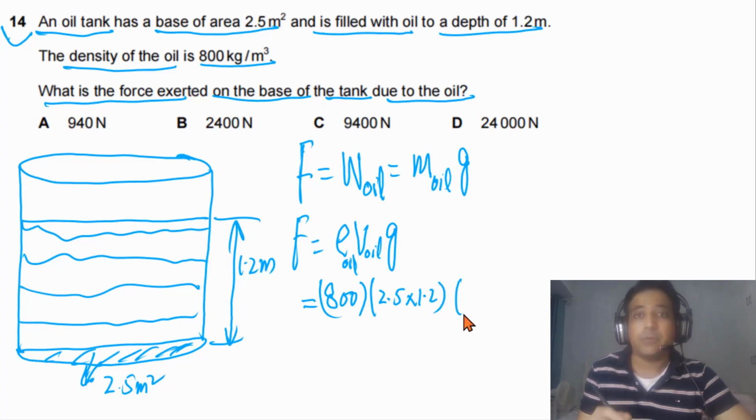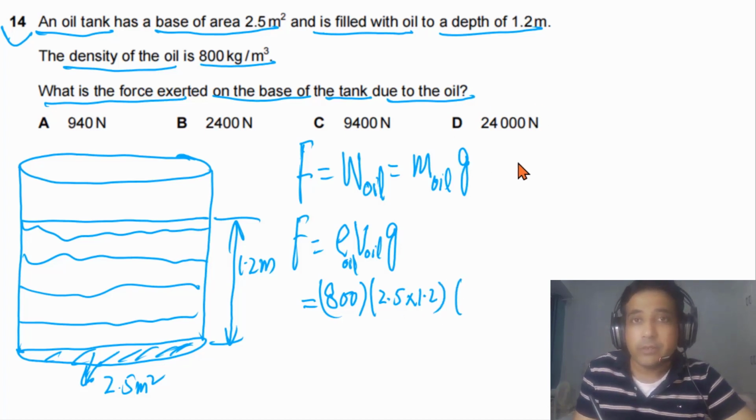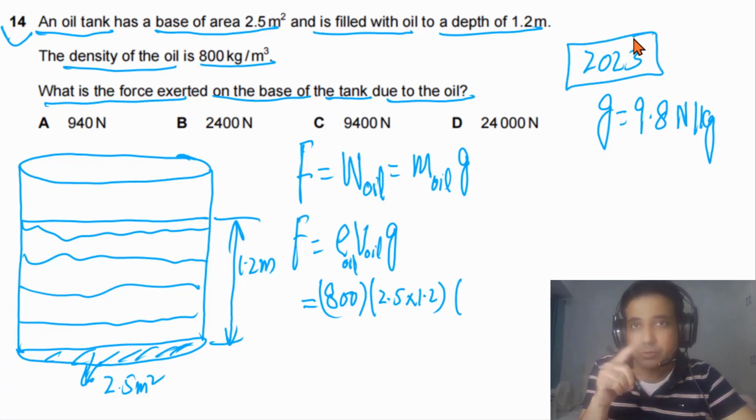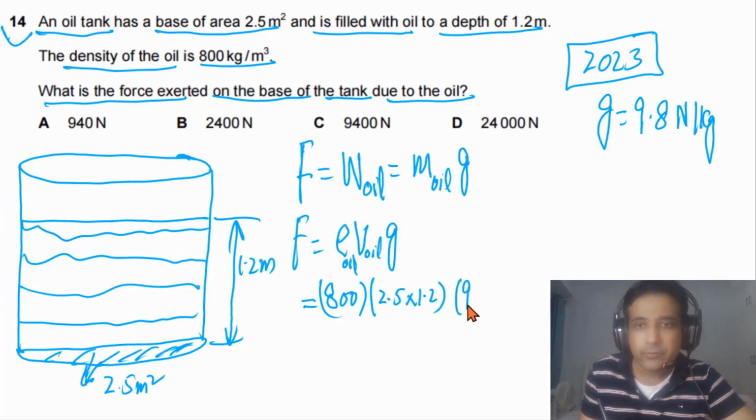And value of G is very important one. In new syllabus, value of G you have to use 9.8 newtons per kg. So you have to use G is equal to 9.8, not G is equal to 10. So we have to multiply this one with 9.8.